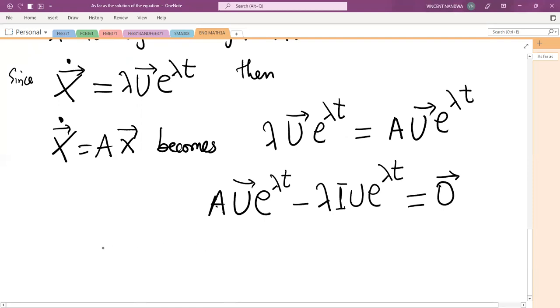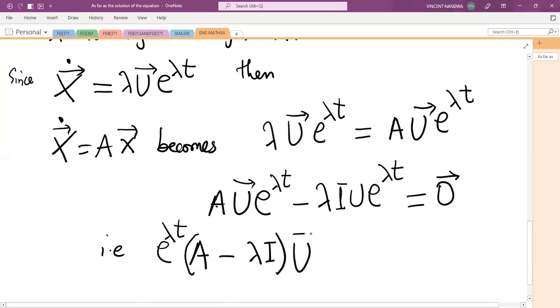In these two terms, u e raised power lambda t is common, so you can say A minus lambda I, multiplied by e raised power lambda t, times the vector u, is given by the zero vector.